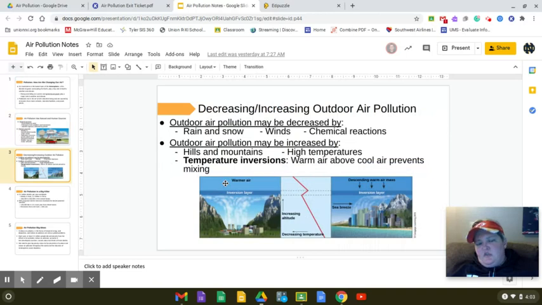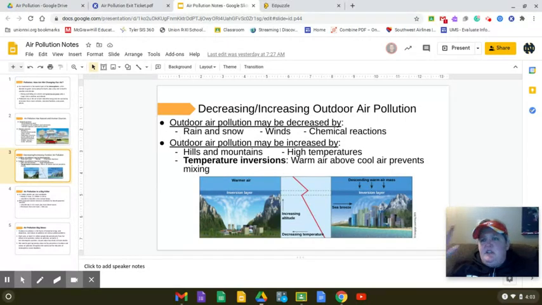Now, ways that we decrease or increase outdoor air pollution. We say outdoor air pollution because there's also indoor air pollution, but we're not going to focus on that one as much in this lesson. We're going to mostly go with the outdoor because that's the bigger problem. Outdoor air pollution can be decreased by rain and snow, any kind of precipitation.